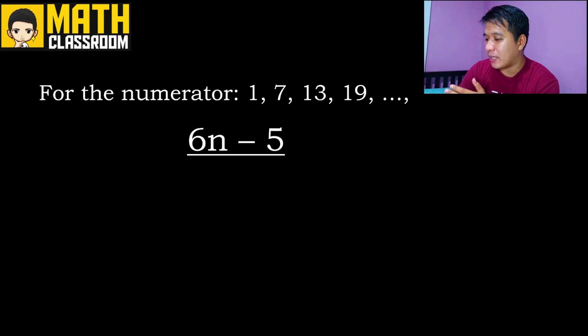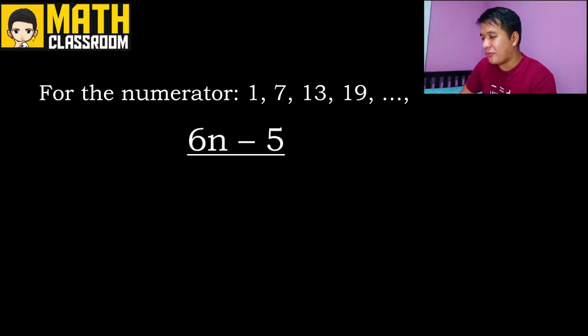So, 6n. Ngayon, mag-isip tayo ng number na idadagdag or ibabawas dito para mag-match sa first term. So, ilan ang babawas natin para maging 1? So, bawasan natin siya ng 5.